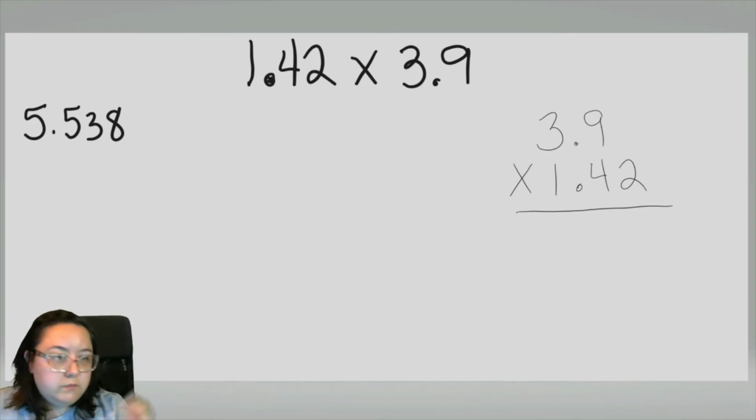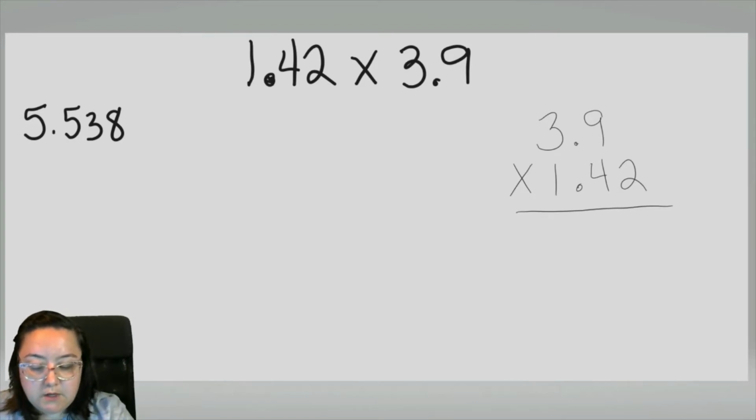Now, you have been taught since 3rd grade that whenever you have numbers that you're either comparing or numbers that you are adding together, if there's that empty space, you need to put a placeholder.